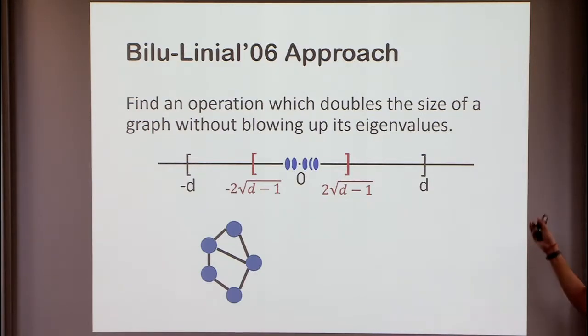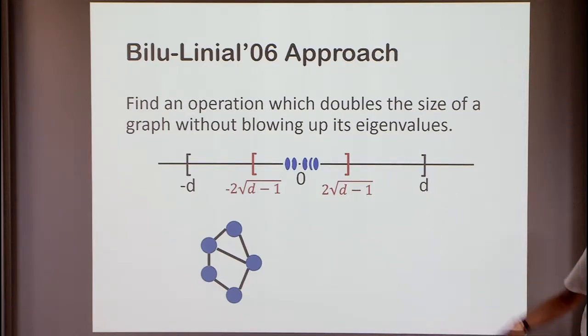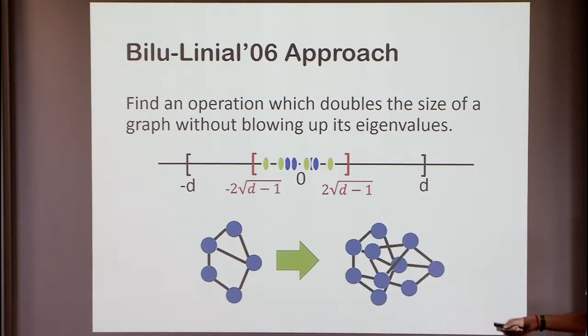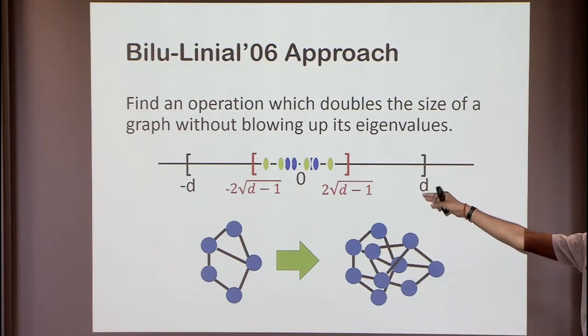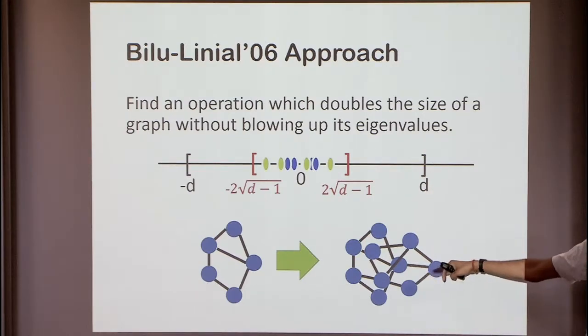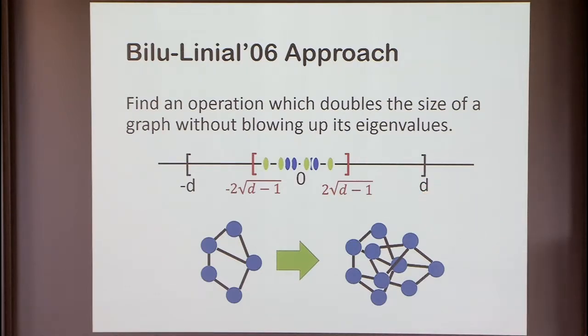In this picture, suppose I have a graph that's Ramanujan, so its eigenvalues are in this interval. I want an operation which gives me a graph on twice as many nodes, which doubles the number of eigenvalues, but I want these new eigenvalues also to lie in the interval. If I can do this, then I can keep iterating and get an infinite sequence.